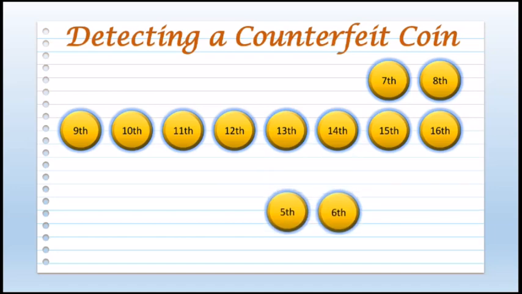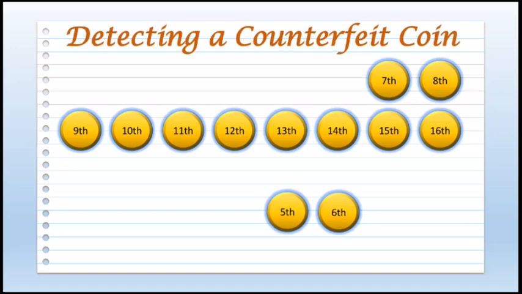Again, if one coin is lighter, a counterfeit coin has been detected and we are done. If not, we will compare coins 7 and 8. So in this way, we can determine whether the bag contains a counterfeit coin by making at most 8 comparisons.